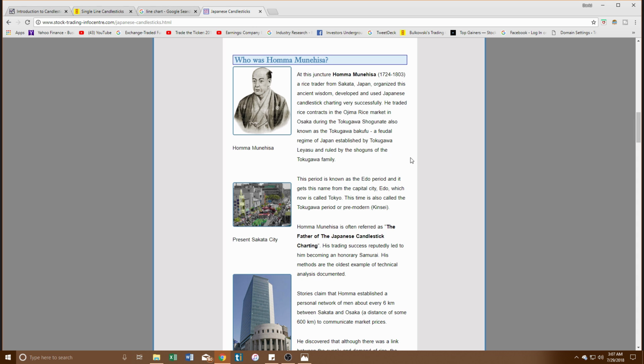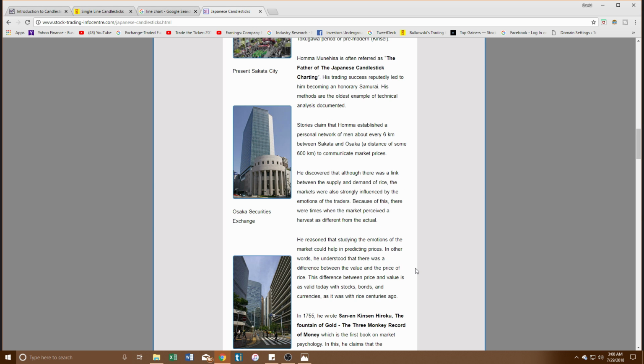He traded rice contracts in the Dojima rice market in Osaka during the Tokugawa shogunate, also known as the Tokugawa Bakufu, a feudal regime of Japan established by Tokugawa Ieyasu and ruled by the shoguns of the Tokugawa family. This period is known as the Edo period, and it gets this name from the capital city Edo, which is now called Tokyo. This time is also called the Tokugawa period of pre-modern Japan.